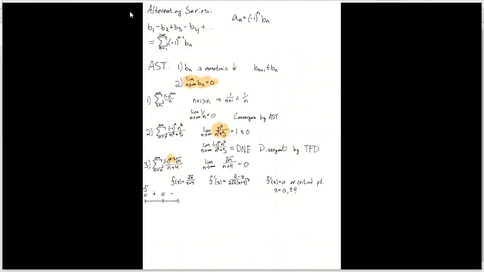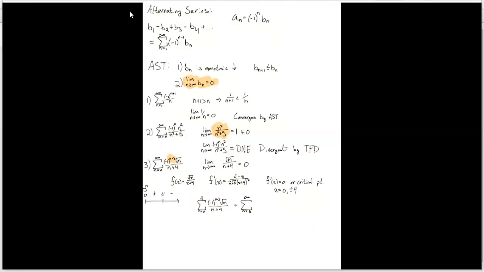So let's break this up. We have our initial sum, but we're going to break it up into 2 parts. We're going to go from n equals 0 to 4, and we're going to add our sum starting at 5, because we already got the 4th one.